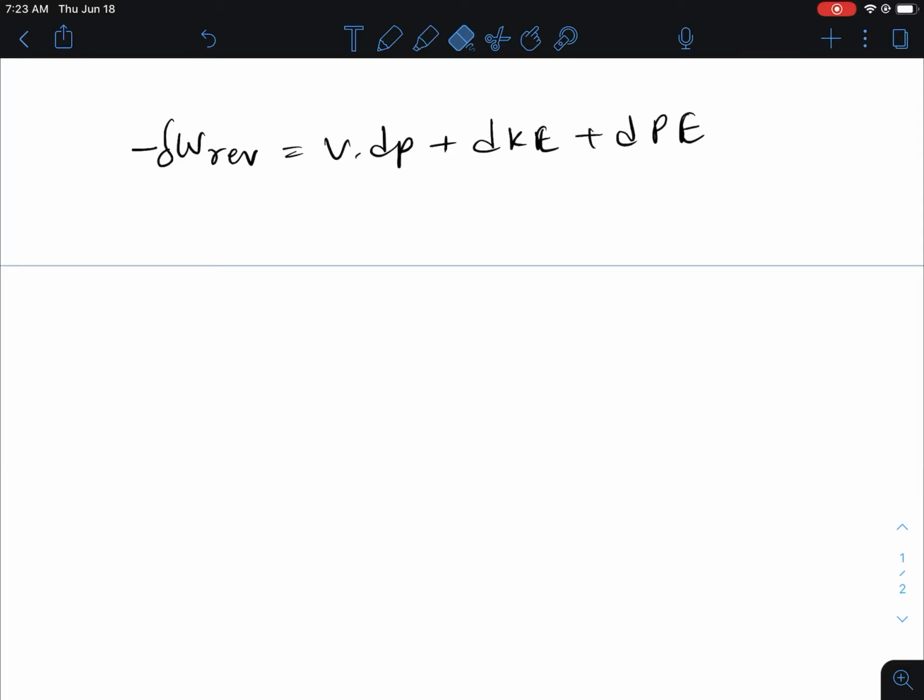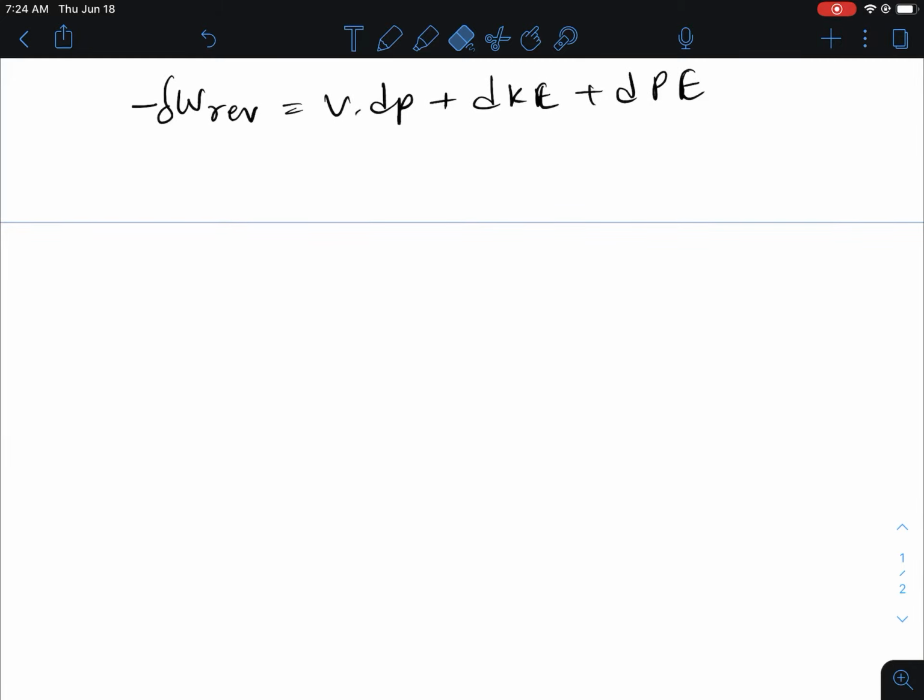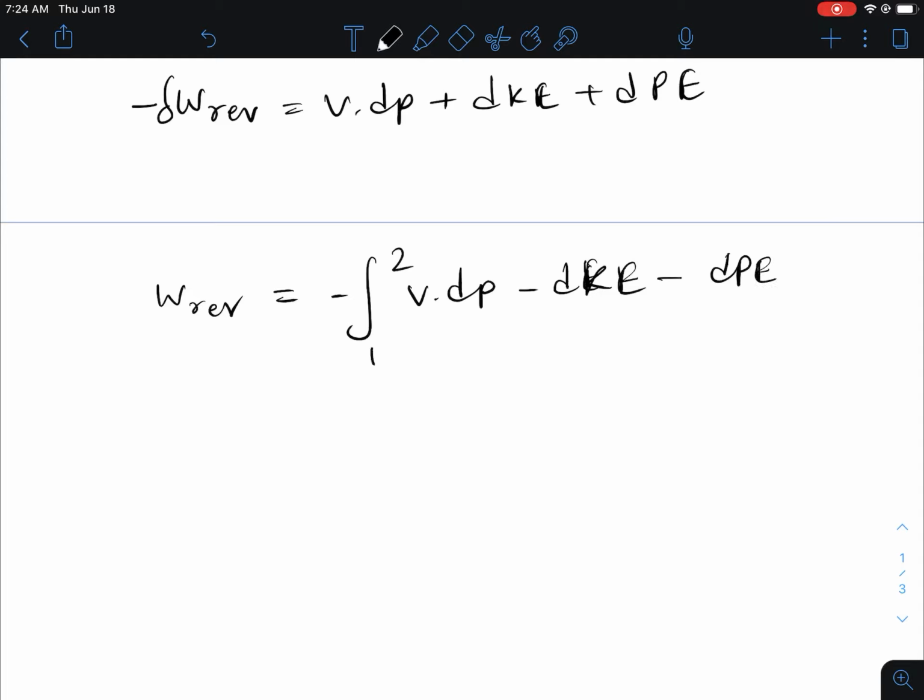If we take the integration for the process 1 to 2, the reversible work done would be the integral from 1 to 2 of negative v dP minus dKE minus dPE. In this case the kinetic energy and potential energy are not changing, or are negligible, so we can write w reversible equals minus the integral from 1 to 2 of v dP.